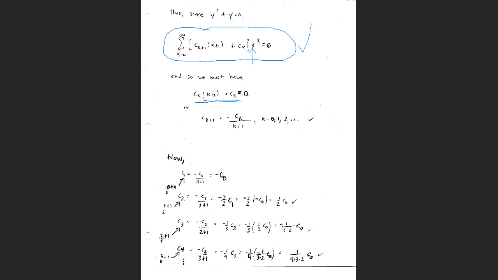And we get this recursion relationship between c sub k and c sub k plus 1. It turns out c sub k plus 1, the k plus first coefficient, is equal to negative of the kth coefficient divided by k plus 1, for k equals 0, 1, 2, and so forth. Let me give you a moment to catch up here. Please let me know if you have any questions.